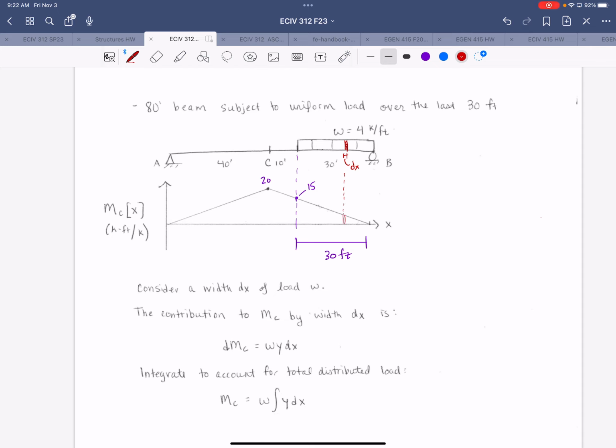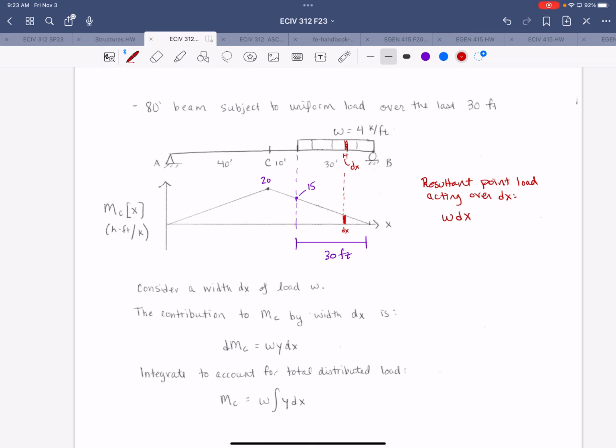And if we bring that down and relate it to our influence line, the resultant point load that acts on dx is just W times dx.